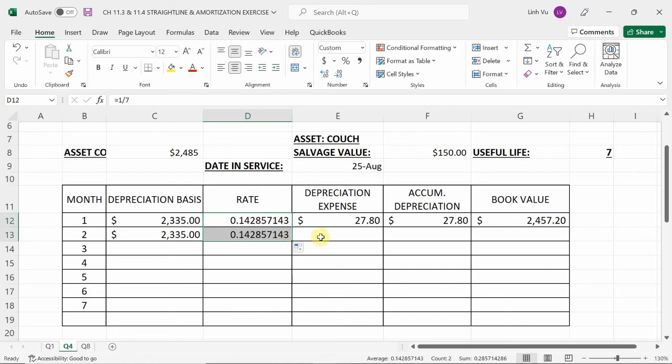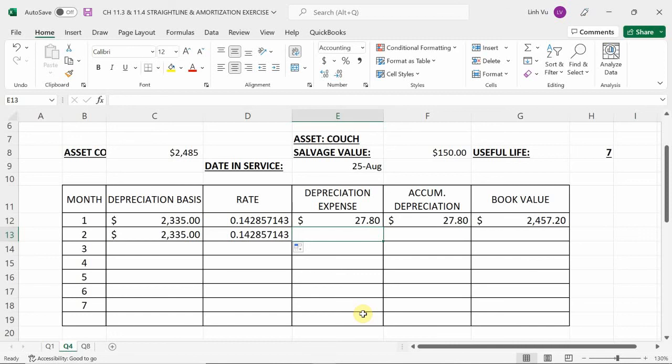So then what is going to be my depreciation expense? $333.57.